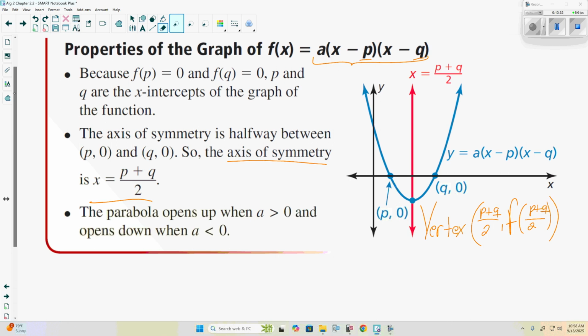It's always going to cut those in half. And the x value of the vertex is always going to be the same as the axis of symmetry because the axis of symmetry goes through the vertex every single time. So the big thing we need for this here is the values of p and q, and we can plug them in and find this here. The value of a is still going to tell us if it opens up or down.